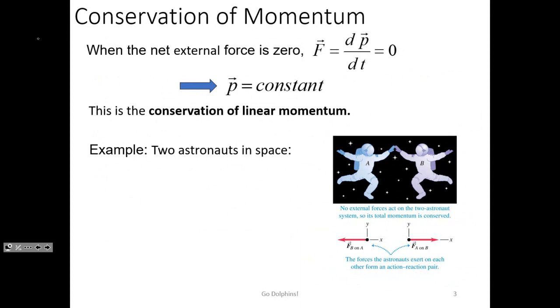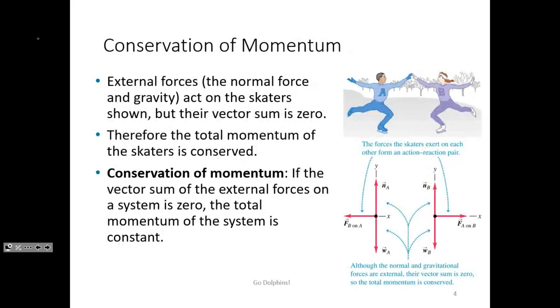They can push each other and they will gain velocity. But if you add the momentum of astronaut A and astronaut B together after they push each other, it adds up to zero. We can choose the initial frame to be the center of mass, where the initial momentum is zero. So this is conservation of momentum.